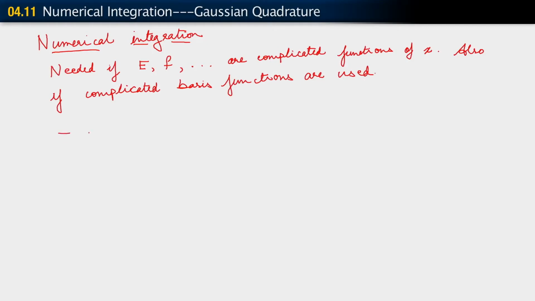In particular, the approach that we will take is what is called Gaussian quadrature. We will consider Gaussian quadrature, which can be shown to be optimal for polynomials.